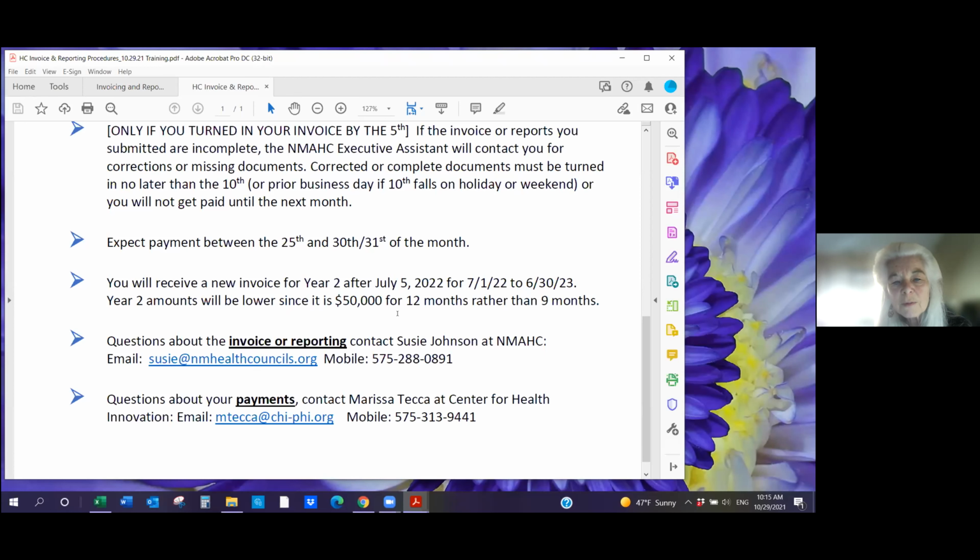Just something to keep in mind, year 1 is only 9 months, so we have your $50,000 split evenly across 9 months. Your year 1 payments are going to be a little higher than year 2, because for year 2 we have to take that 50,000 and divide it across 12 months rather than 9 months.